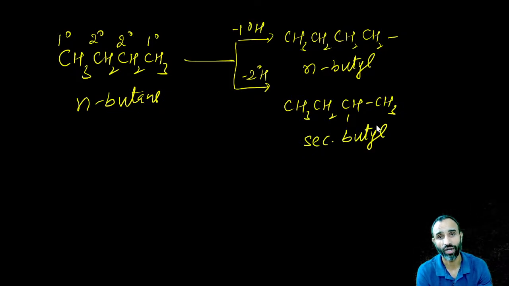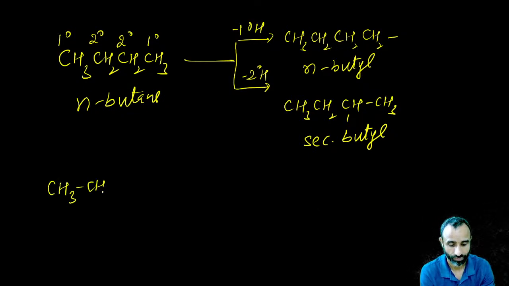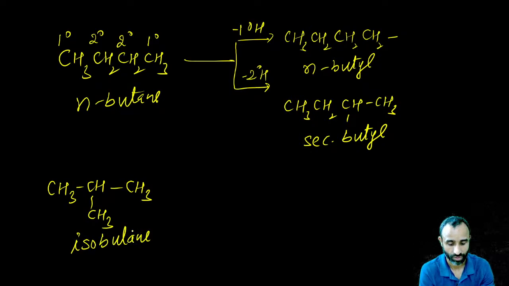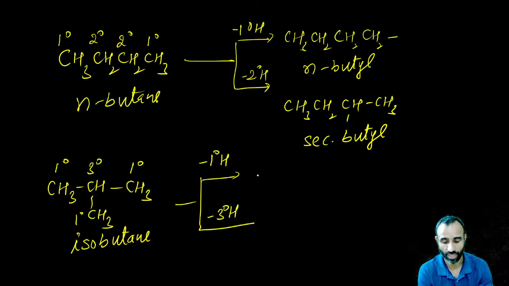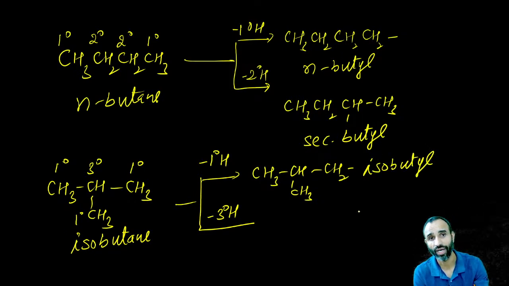If we remove secondary hydrogen, we get secondary butyl. This is isobutane, right? In isobutane, there are primary hydrogens and tertiary hydrogen. So if we remove primary hydrogen, we get isobutyl.